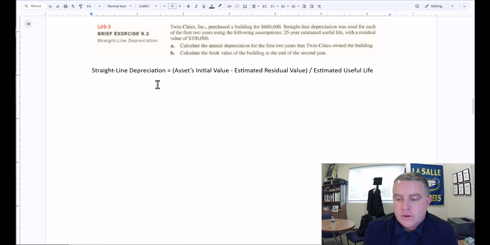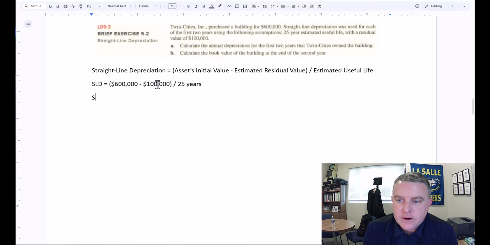Okay? So straight line depreciation here, SLD, is equal to 600,000. That's the asset's initial value. You're going to subtract its estimated residual value, which they tell us is 100,000, and you're going to divide that by 25 years.